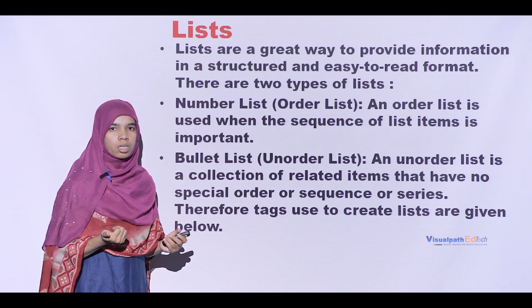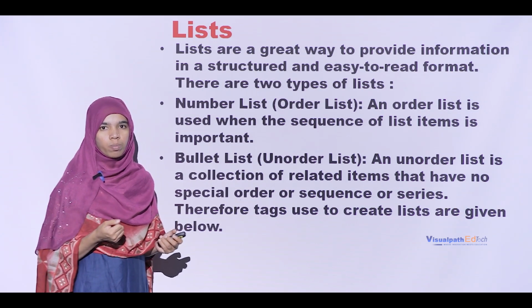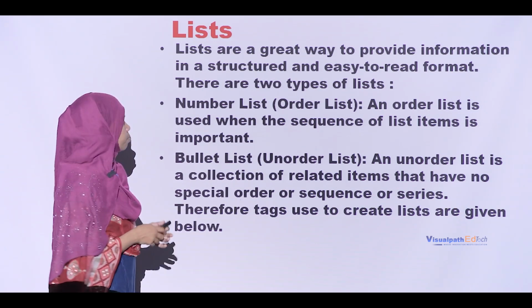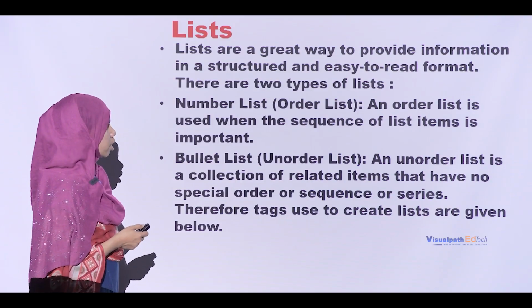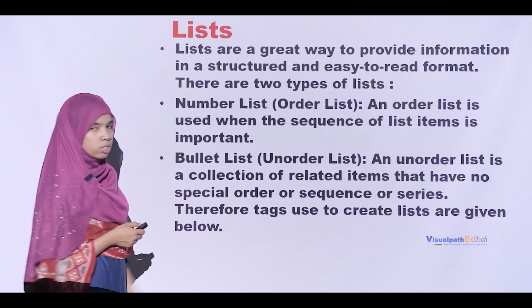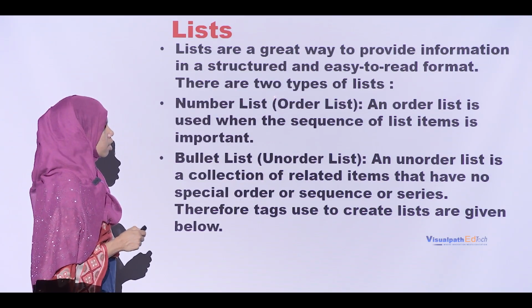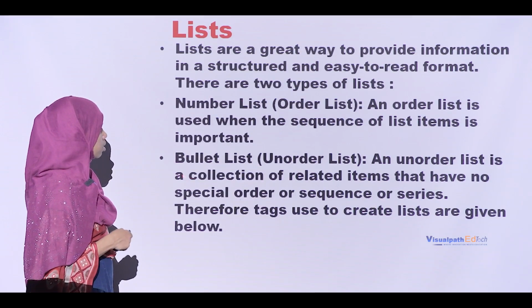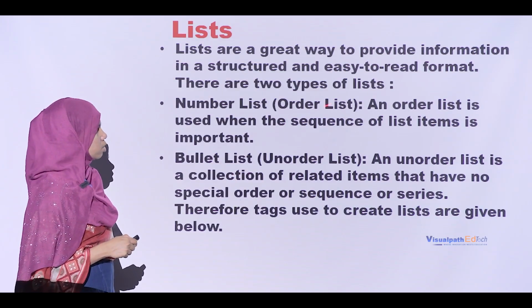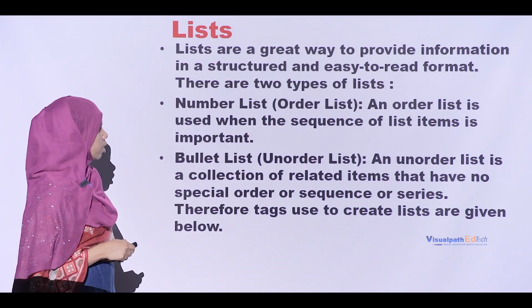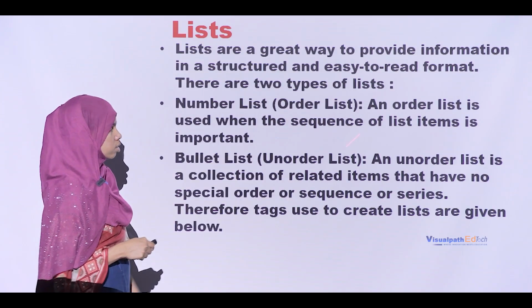It can be in the unordered way, ordered way, or list format. Basically, lists are a great way to provide information in a structured and easy to read format. There are two types of list. One is a number list, the other is a bullet list. The number list is also called the ordered list, and the bullet list is also called the unordered list.